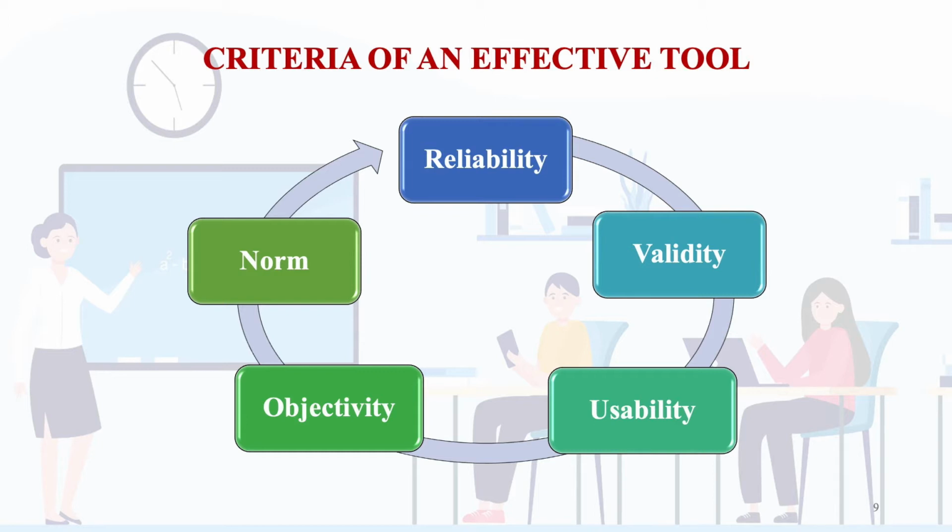So friends, when I talk about reliability and validity, these are certain criteria of a good tool, and the other criteria of a good tool are usability, then objectivity, and the last criteria is the norm.